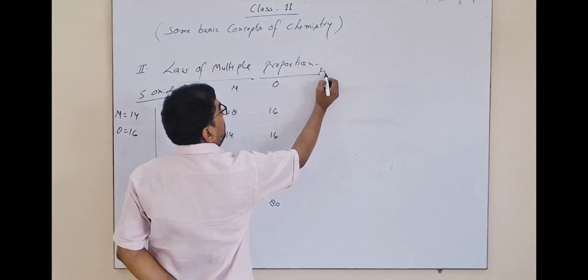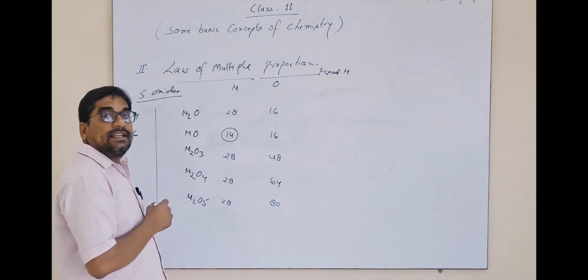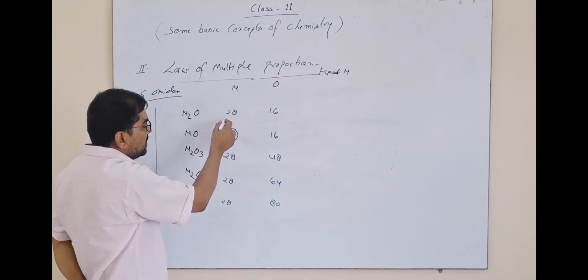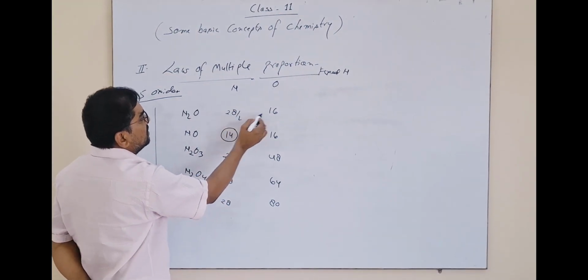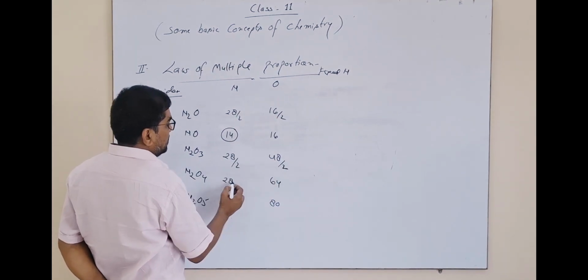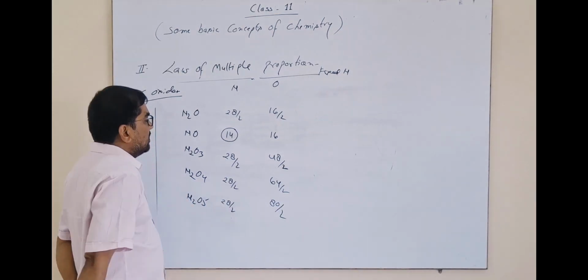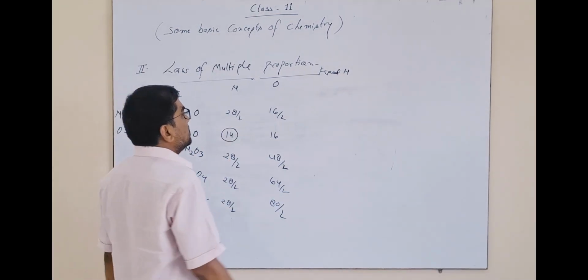Now for the fixed value of nitrogen, the minimum value will be taken. So for making all the nitrogen as 14, it will be divided by 2, the mass of nitrogen as well as oxygen.